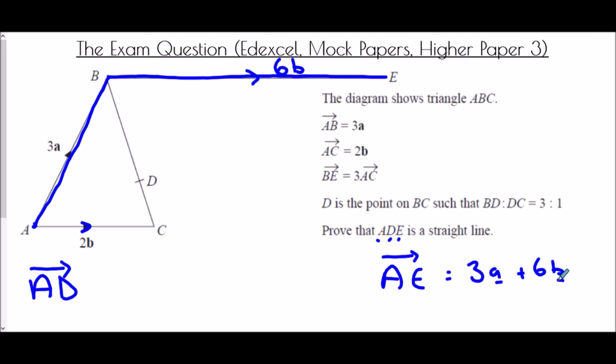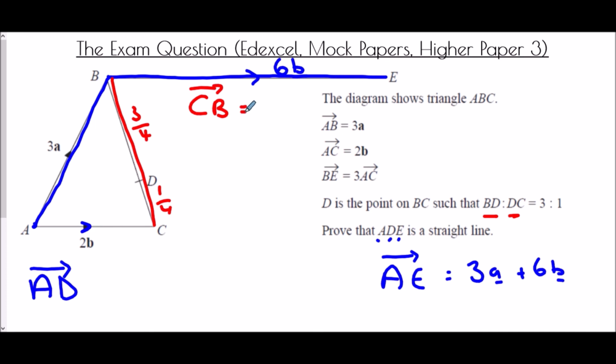If I want to get from A to D, well, I need to first think about the fact that that includes a journey along CB. And in this case, we were told that BD to DC is 3 to 1. And so this is 3/4 of the line. This is 1/4 of the line. Now, I need to find out what CB is.